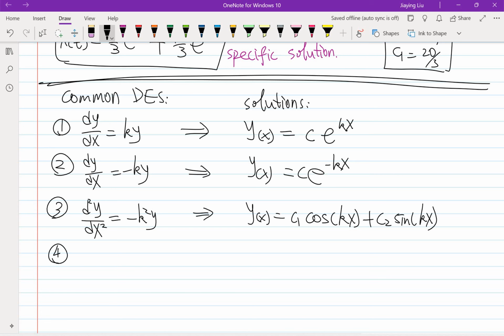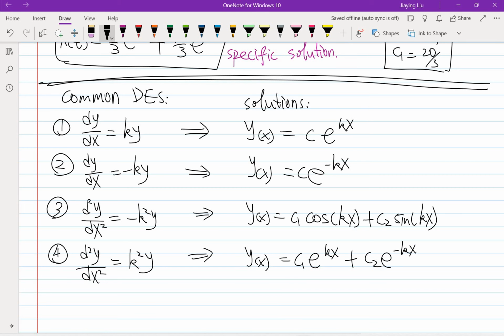And the fourth one is similar to number 3, but again the solution will be different, with a positive on the right hand side, not a negative. And the solution will be C1 e to the kx plus C2 e to the minus kx.